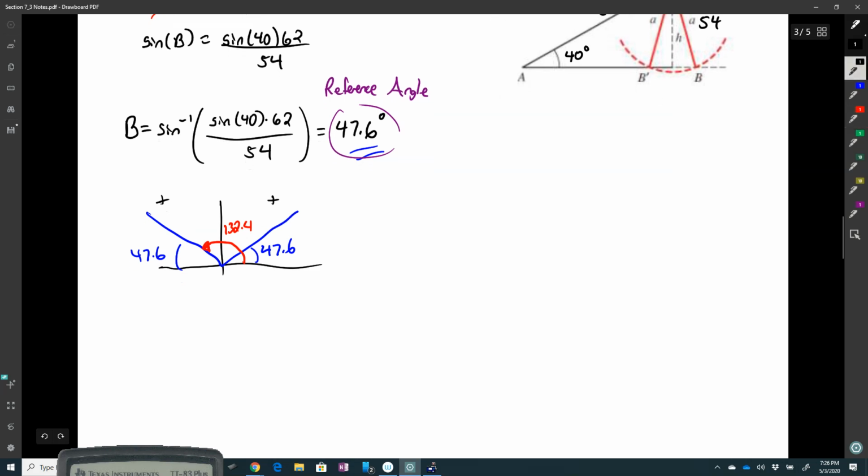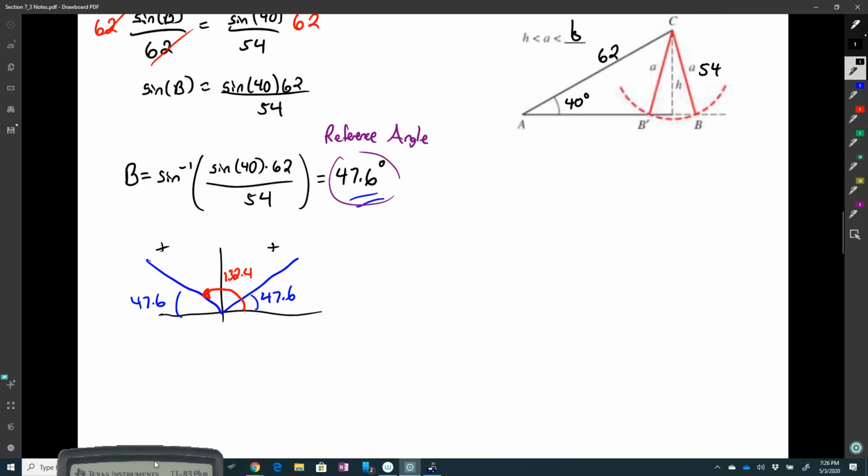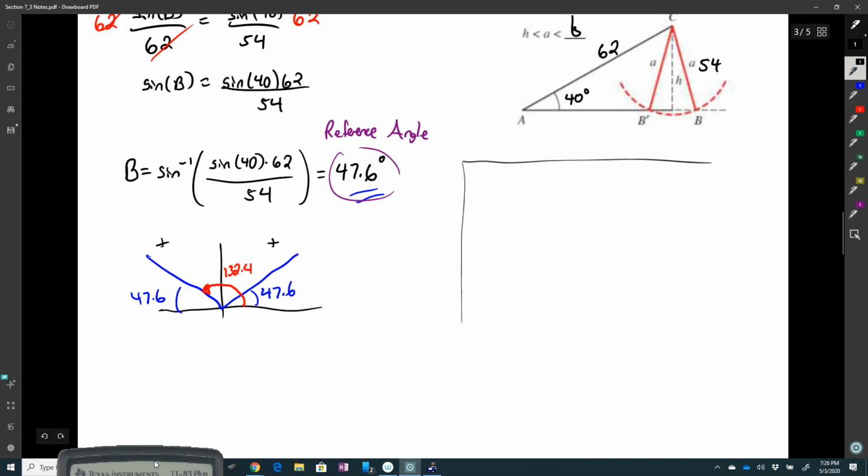So the first one, let's start with the 47.6. Triangle with B equal to 47.6. So in that case, this triangle is going to look like this.